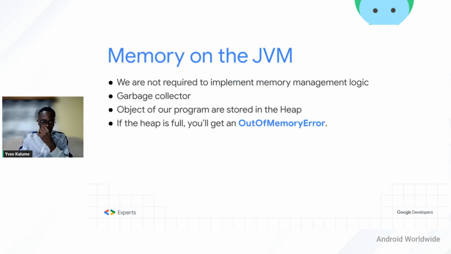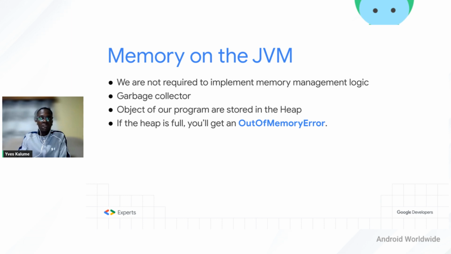And on the JVM, we are not required to implement memory management logic. We don't have malloc or free to manage memory from our application. We have a mechanism called the garbage collector, which is a memory manager whose task is to free memory that is no longer semantically used in our application.